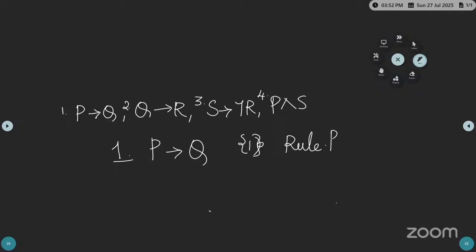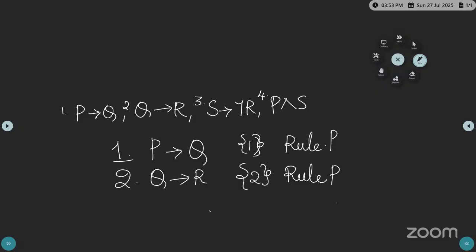Now I am introducing the second one now. Q implies R. So what is this? The predicate is 2 and rule P. Write down. Rule P. What is equivalence relation?